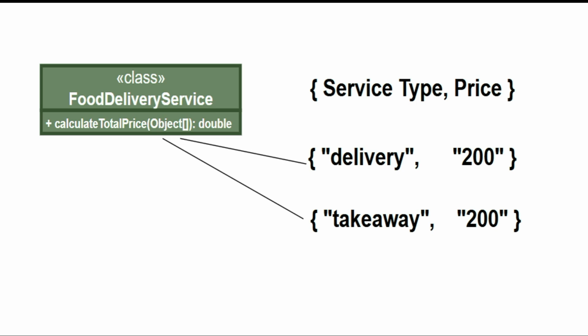And in this calculate total price method, I will use the switch expression to identify the delivery and takeaway orders, and this calculate total price method will return the total price of the order. If the order is a delivery order, in that case the flat fees would be applied to the order, and if it's a takeaway order, in that case the packing charges would be applied.